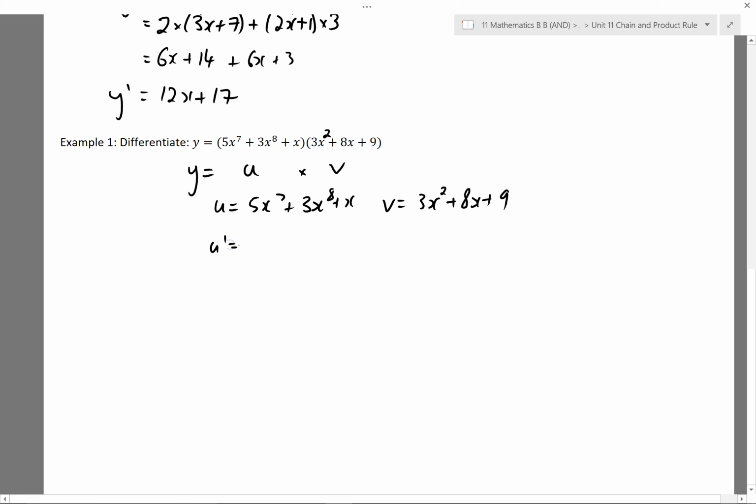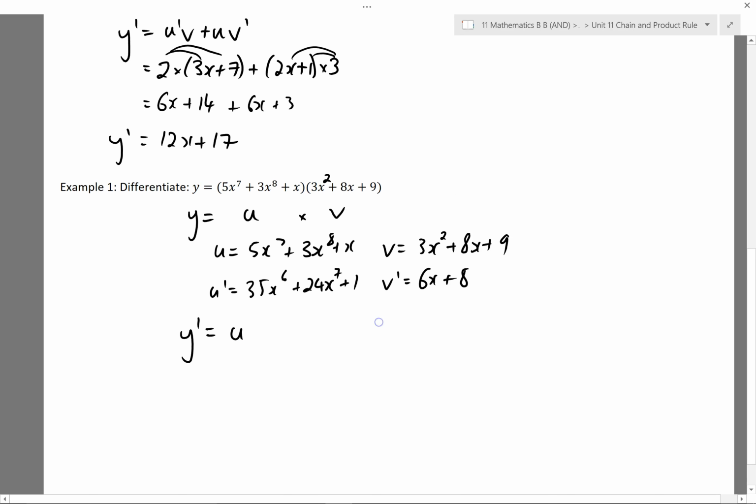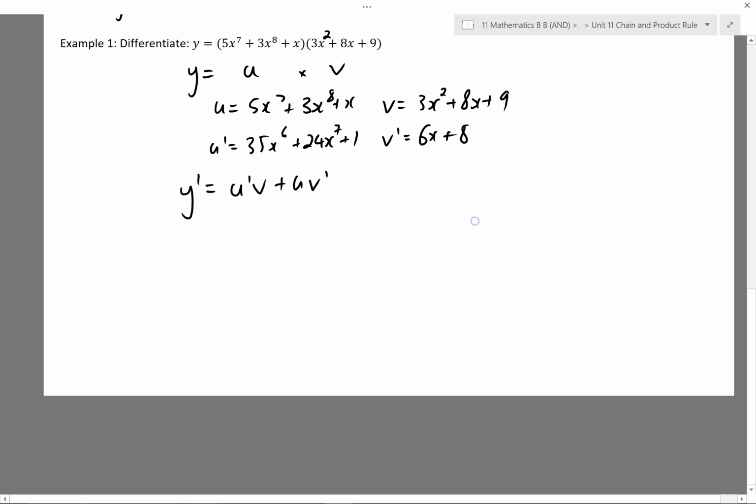I'll find what u dash is. And find v dash. I shouldn't need to explain these differentiations. And then the derivative will be, I'll use the same notation, u dash v plus u v dash.